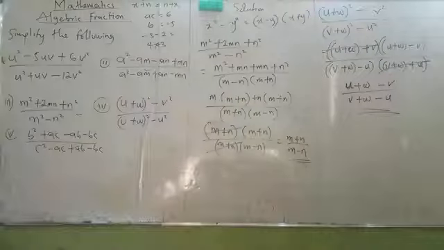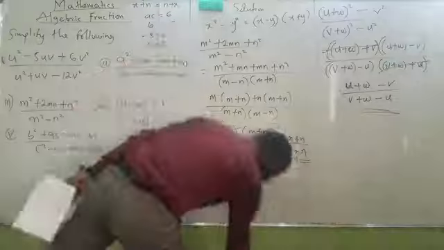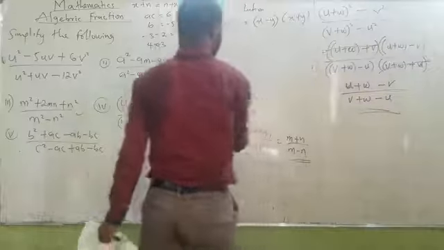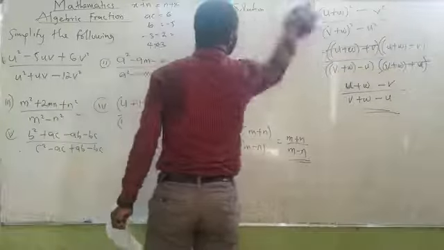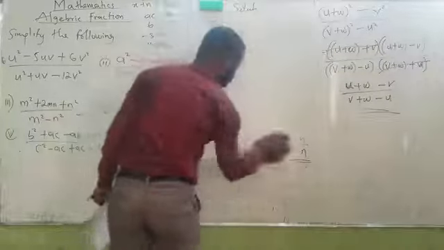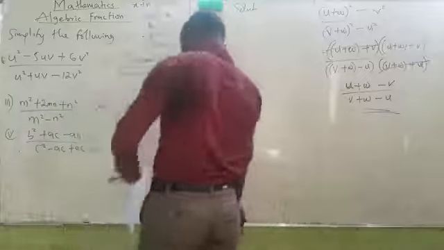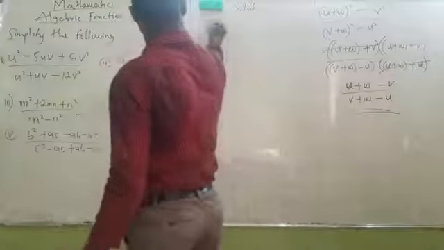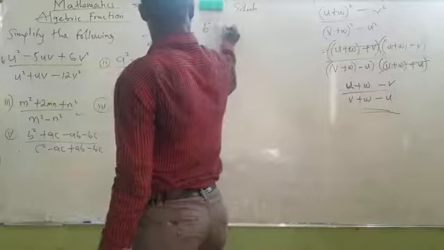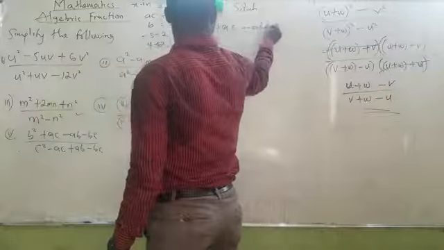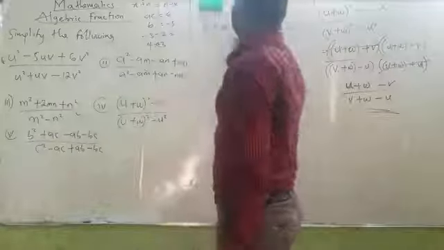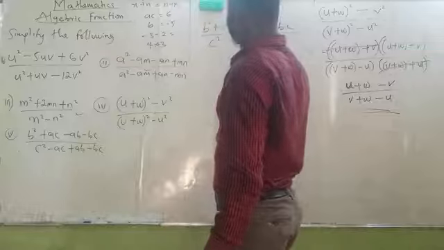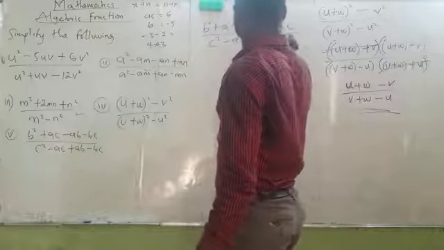Now, the last part of this question, which is very, very simple also, but it's a bit technical. But let's see the technicality of the question. Now, I have this type of question. b squared plus ab minus ab minus ac divided by c squared minus ac plus ab minus bc.